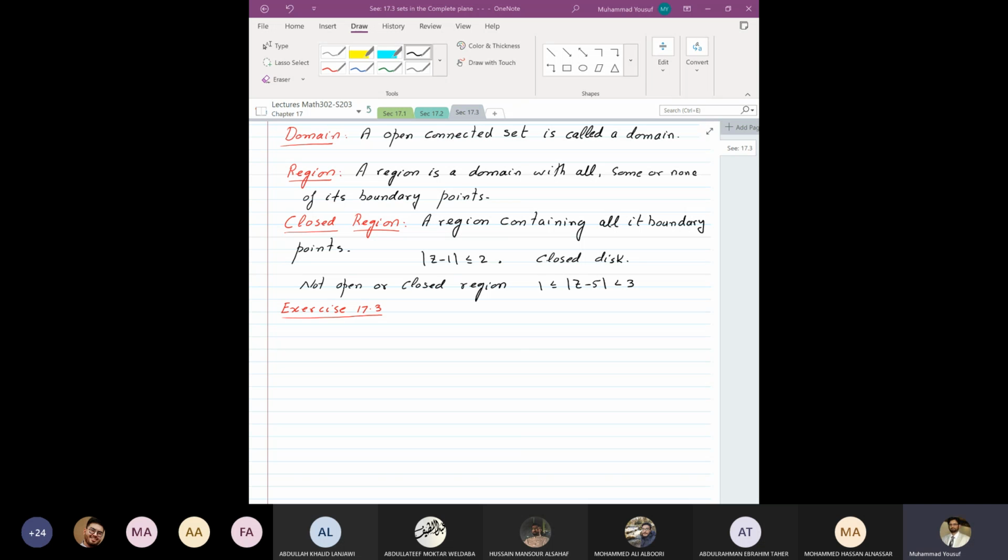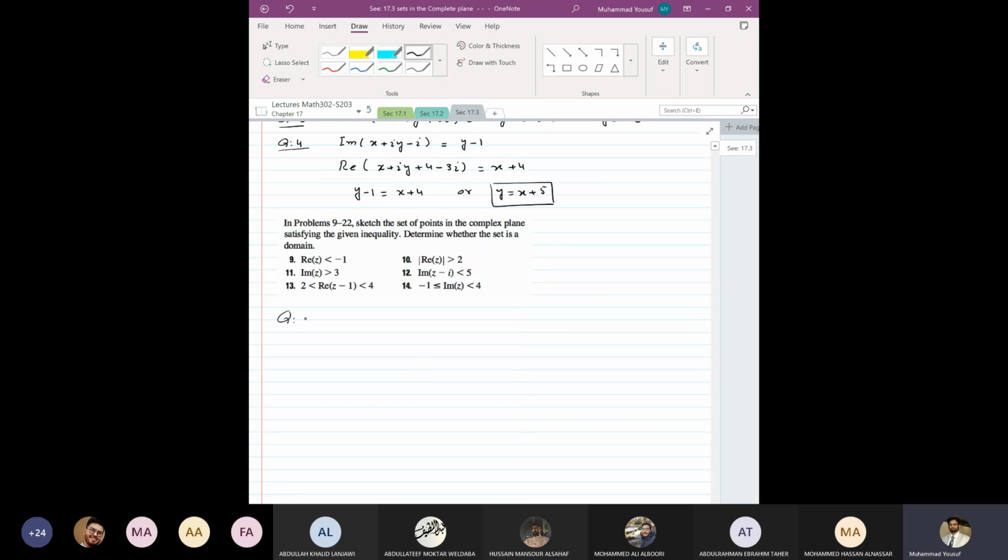Question number 9 means x is less than -1. So this is the set of all points for which the x value is smaller than -1. This set contains no boundary point and it is connected. So it is a domain.